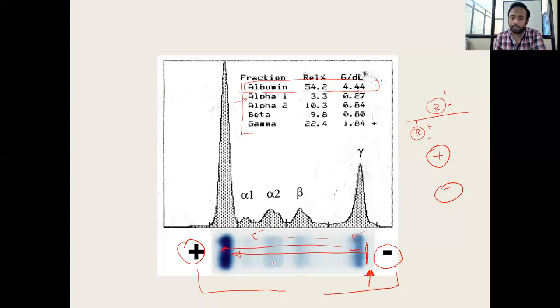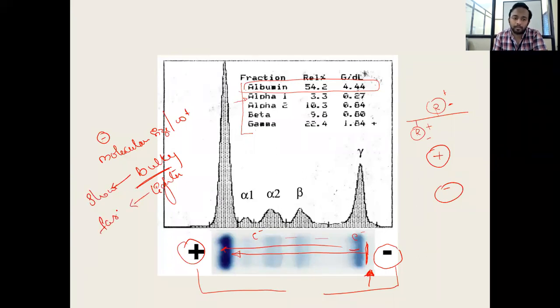The movement is based on the total negative charge and its molecular size or molecular weight. Is it bulkier or lighter? Bulky means it will run slow. If it is lighter, it will run fast.